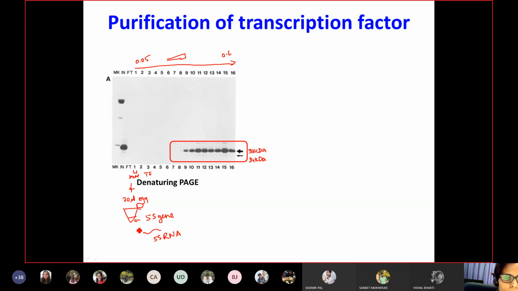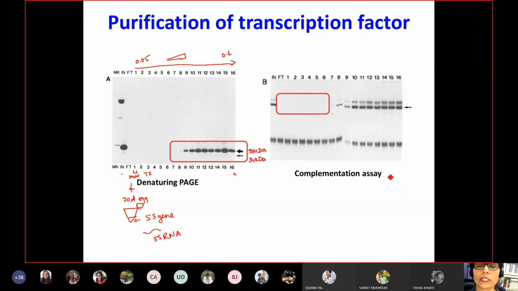Right, so this kind of complementation assay they performed with all these fractions, from input to fraction number 16. What you see here is the result of the complementation assay.